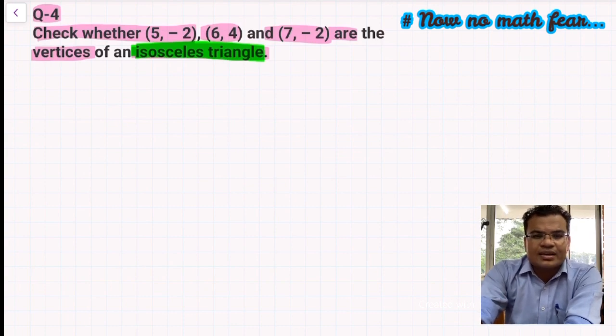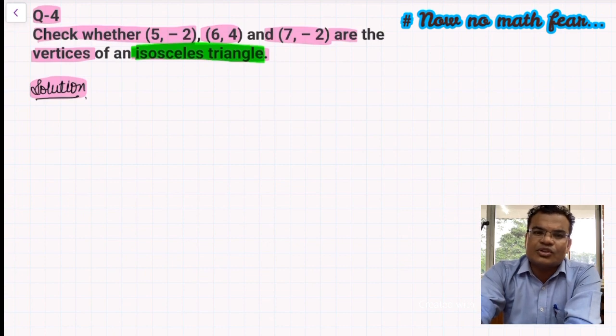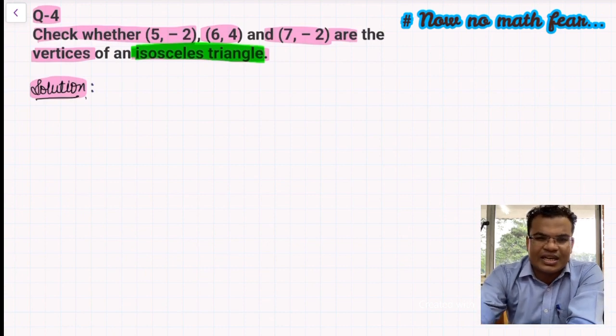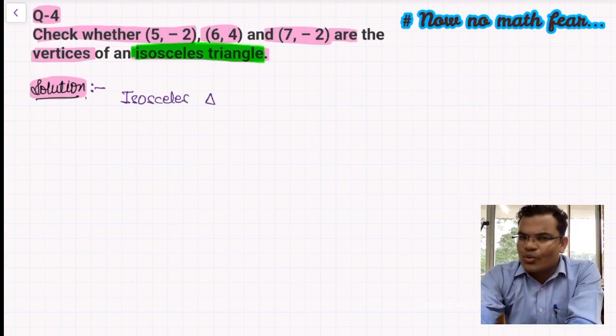So guys, you should know the property of an isosceles triangle, then you can prove it. What is the property of an isosceles triangle? Everyone knows, because you are in 10th class now. We have learned many times the isosceles, equilateral and scalene triangle properties. So the isosceles triangle property is when two sides are equal, that triangle is called an isosceles triangle.